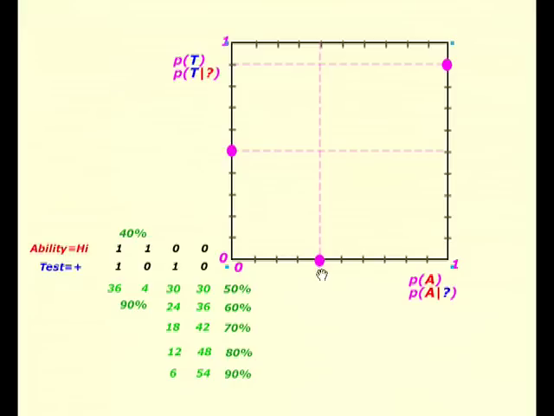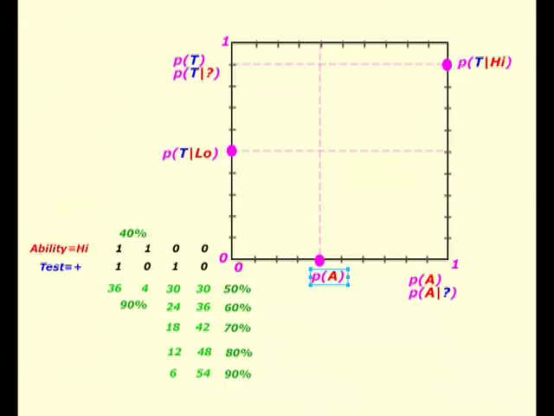So this is where this number here comes from. It's the 40%. Okay. There's a 90% chance that if you have high ability, you'll get a good test score. And that's what this number is over here. There's a 50% chance that if you have low ability, you will have a high test score, and that's what that number there is. Let me put these labels in, I guess. So I've got those labels in your graph.